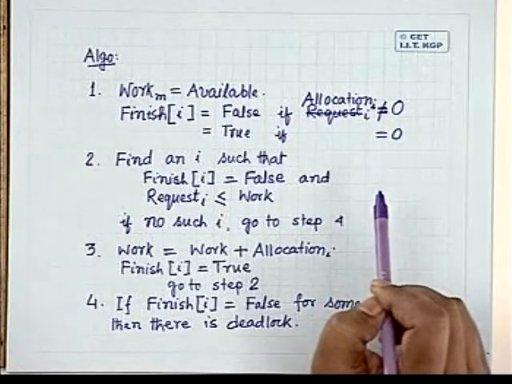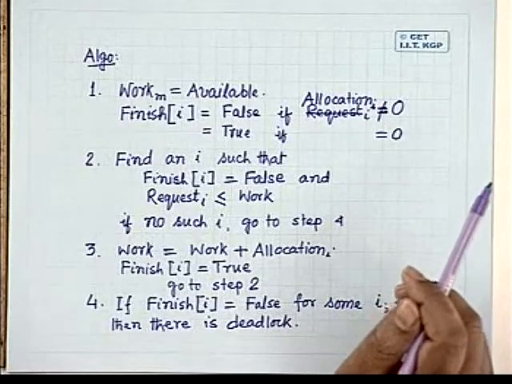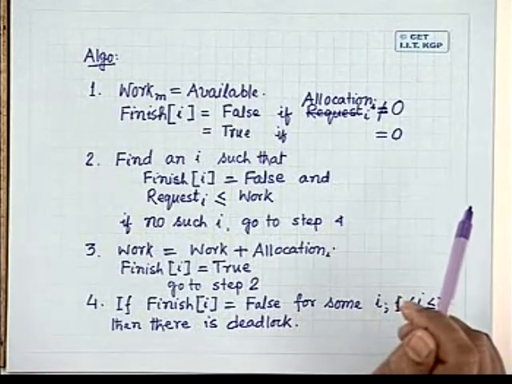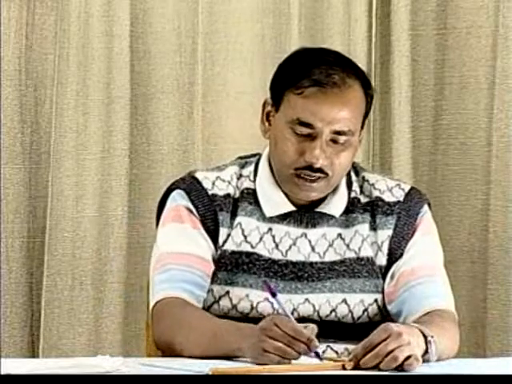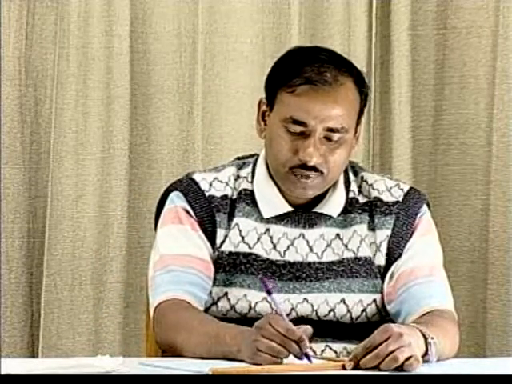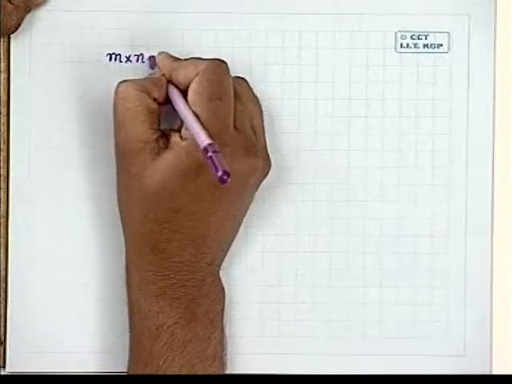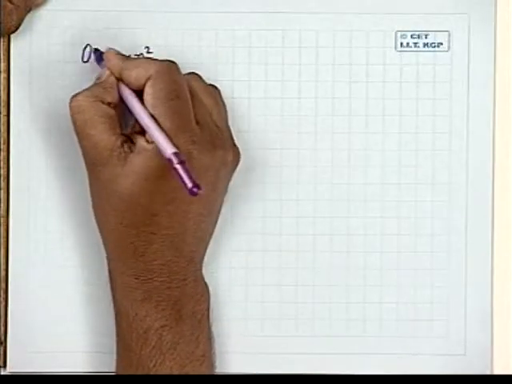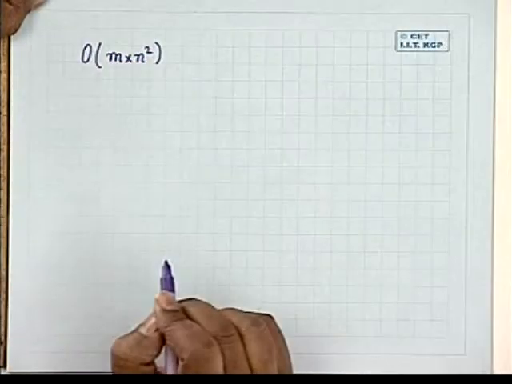Now if you analyze this deadlock detection algorithm, or even the Banker's algorithm for deadlock avoidance, you will find that the time complexity of both these algorithms is order m times n squared.